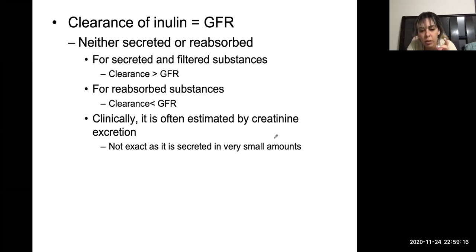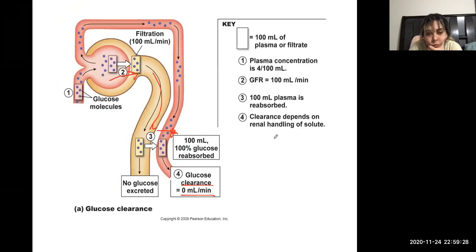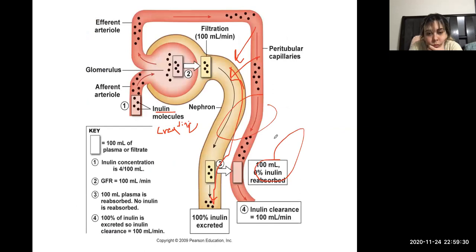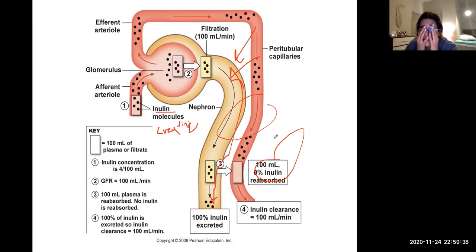How much has to be excreted? Yes, 100%. Oh, that's good to know. Wait, can you go to the creatinine one? Is inulin the same as creatinine? Yeah, it's the same. Oh, okay. I'm so sorry. Okay, let's move on.